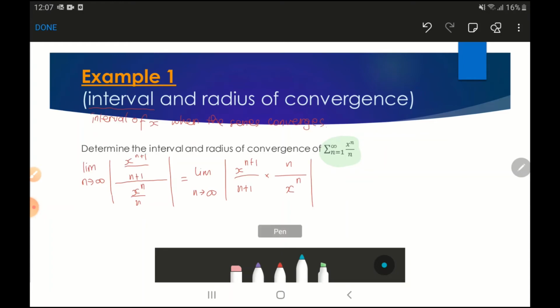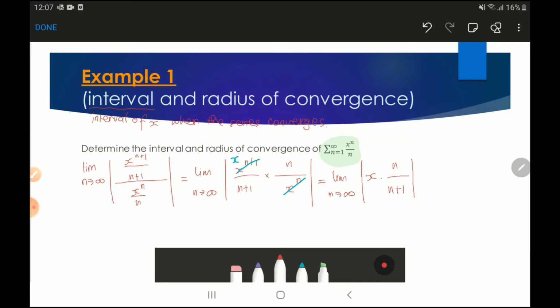So we can do cancellation here. We cancel the x's, and we will have the limit as n goes to infinity of x times n over n plus 1.